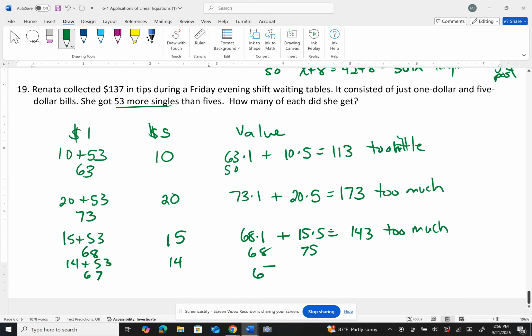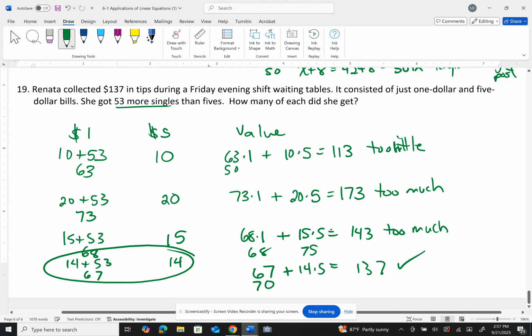And the value of that guess would have been 67 plus 14 times 5, which would be 67 plus 70, which would be 137, and that's what it was supposed to be. So it must be this. It must be 67 ones and 14 fives would be my answer.